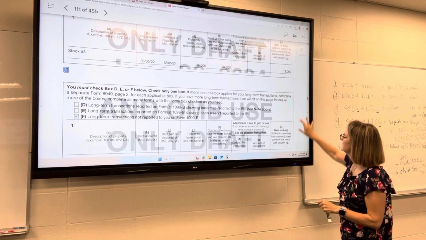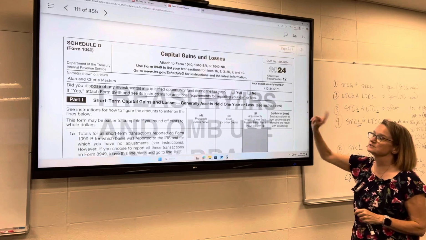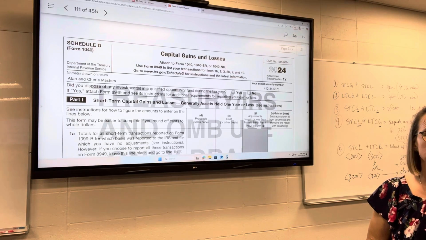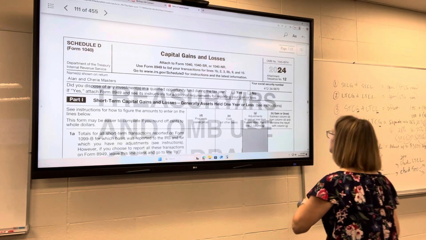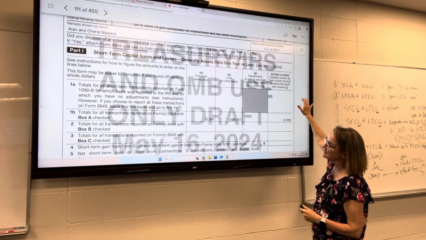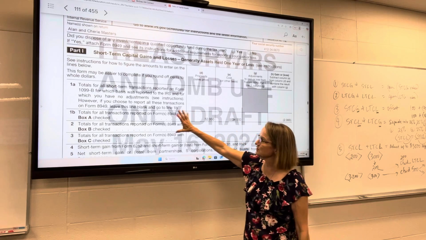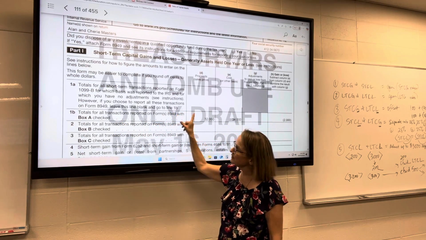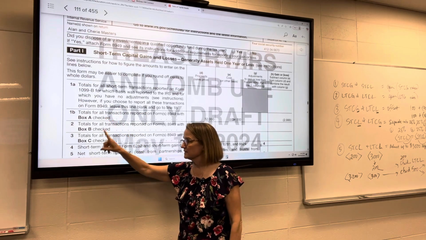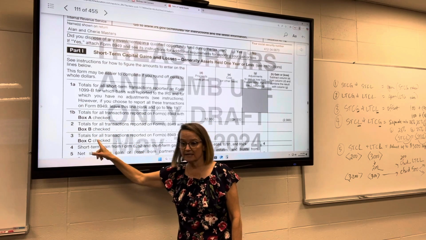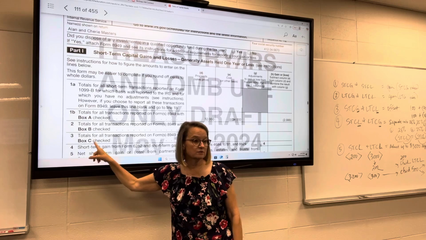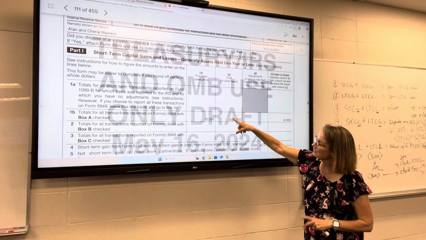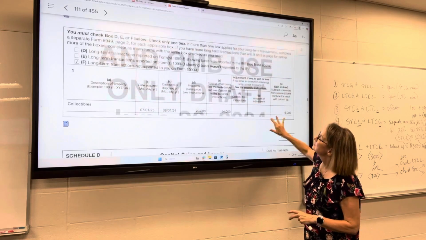All of that information then transfers to the Schedule D. So it starts on the 8949, and then it gets transferred to the Schedule D, short-term transactions, and it tells you right here, totals for all transactions reported on 8949 with box A checked, next line is box B checked, next line is box C checked. So in our case, box A was checked, short term.